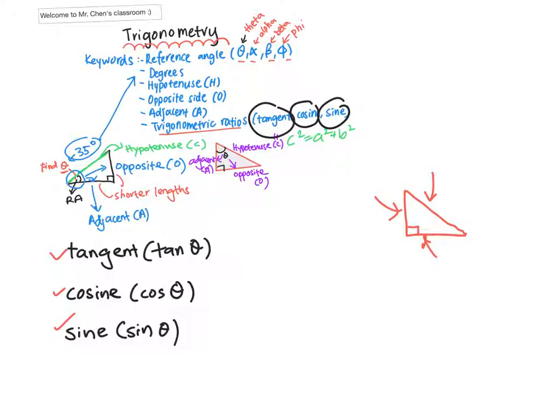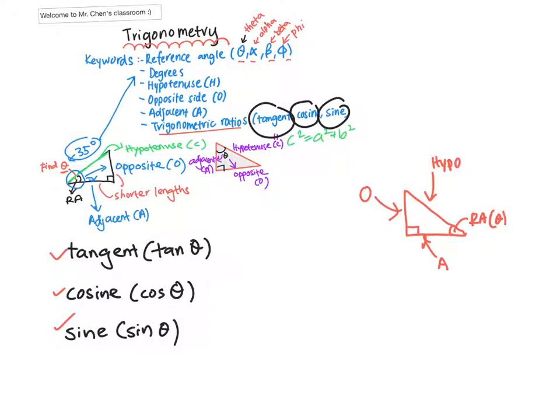Most of the time you are comparing 2 of them only. So either your hypotenuse, or you are comparing the adjacent, or you are comparing between opposite and adjacent together.